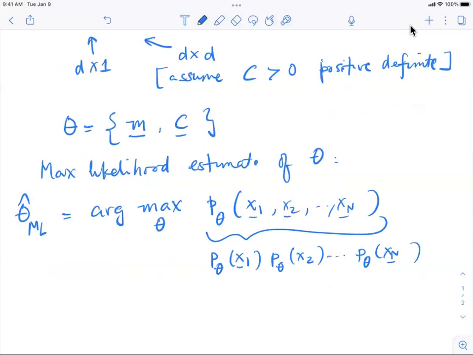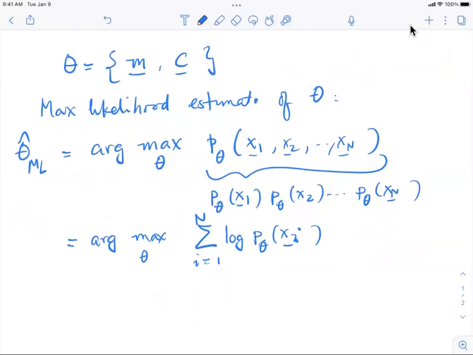Whether I maximize the original joint density over theta, or the log of the joint density over theta, doesn't matter. The location of the maximum, which is what I want, stays the same. So this is the same as the argument of the max over theta of the sum, i equals 1 to n, of the log of the likelihood of the ith data point.